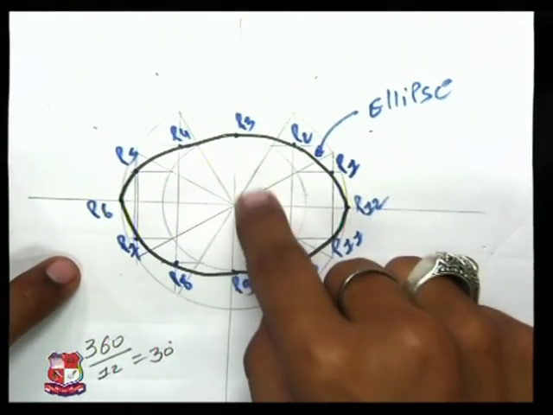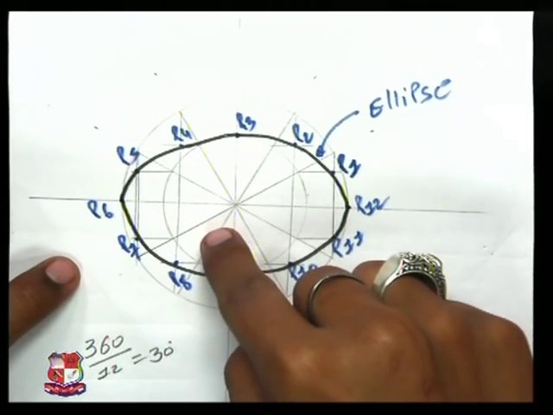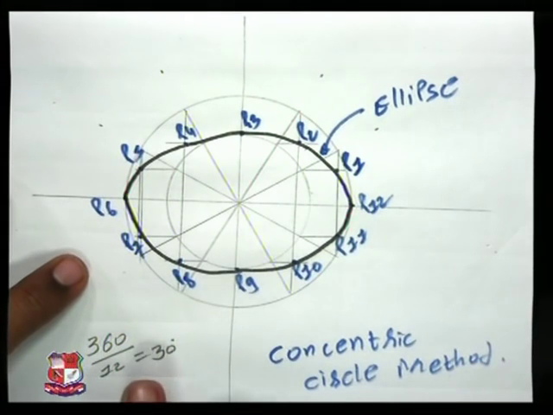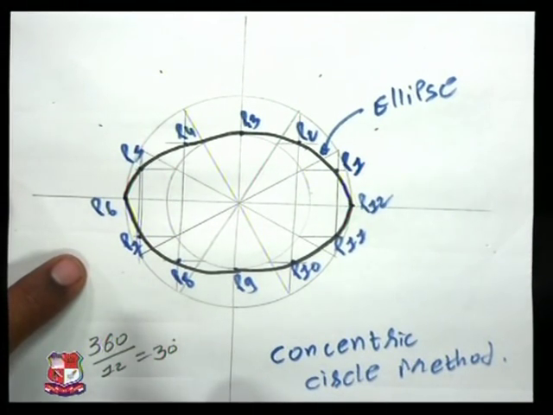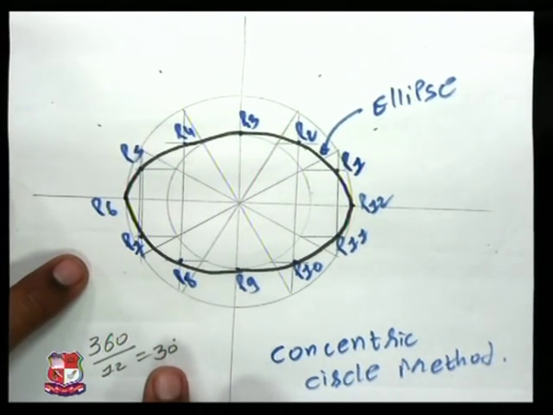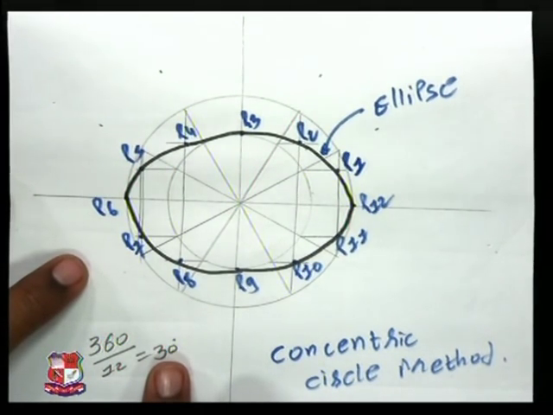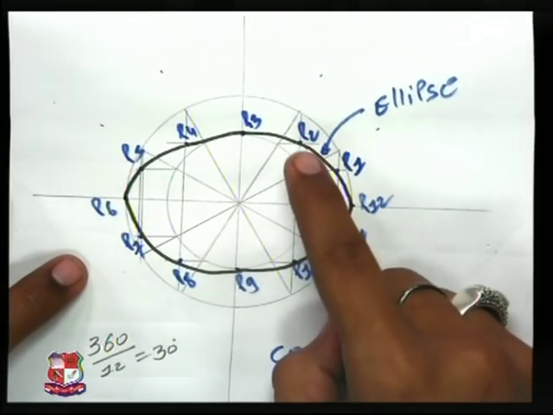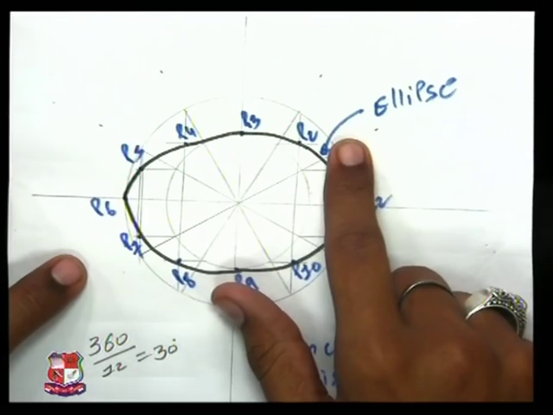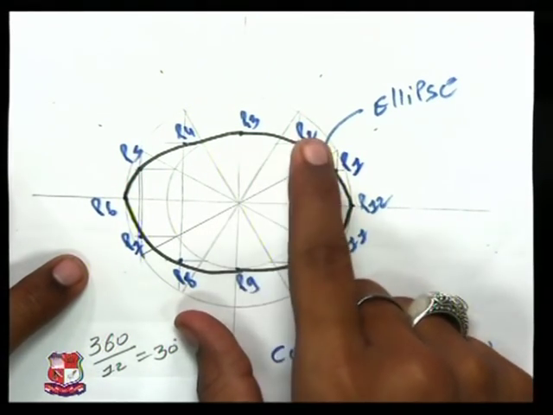Using the same center, we have drawn another circle of radius 25. Now we have divided that circle into 12 equal parts, which means each part of 30 degrees. Now we have got major axis circle, minor axis circle and 12 divisions.